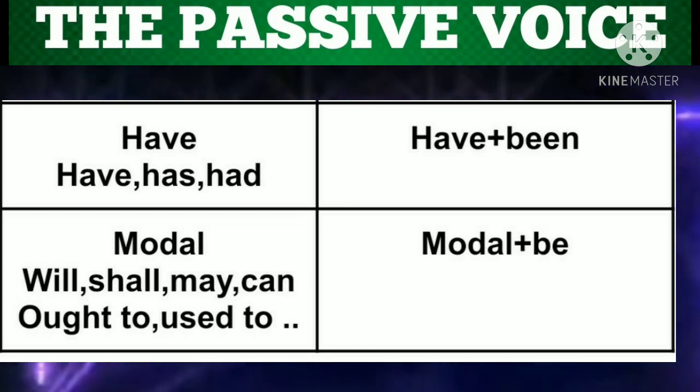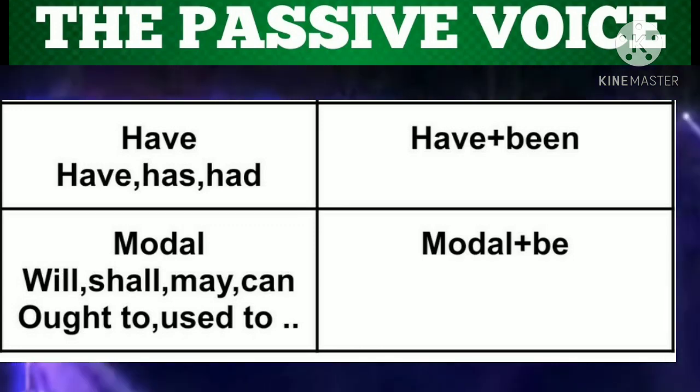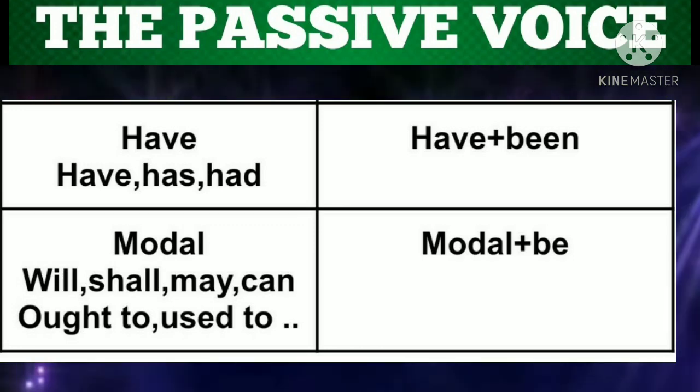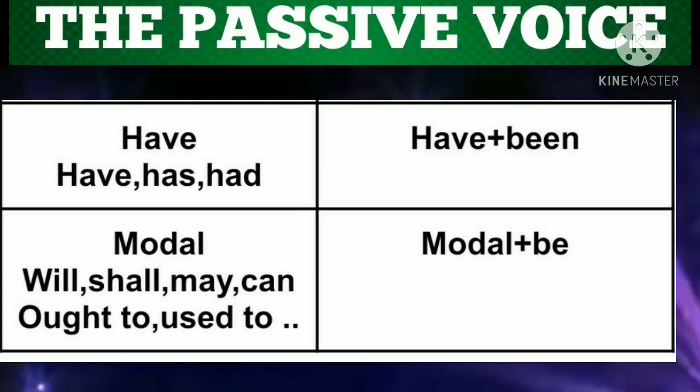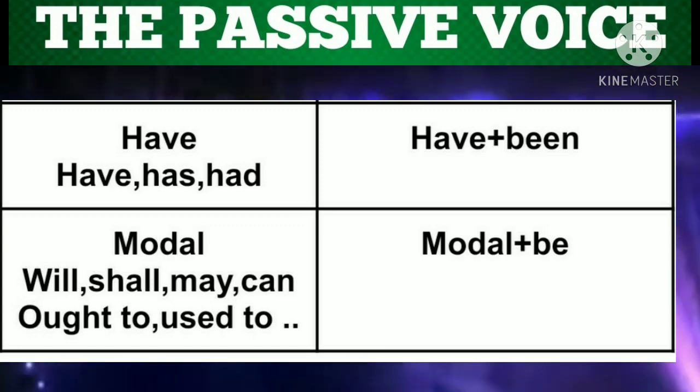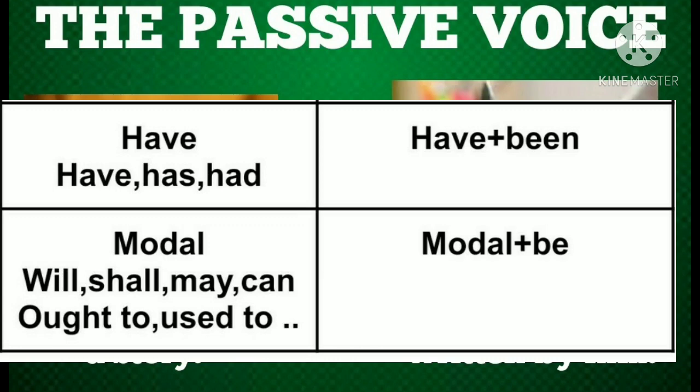If the active sentence is in have form, that means have, has or had form, then the passive will be have plus been: have been, has been, had been, etc. And if the active sentence is in modal form, will, shall, may, can, would, should, has to, have to, then the passive will be modal plus be.